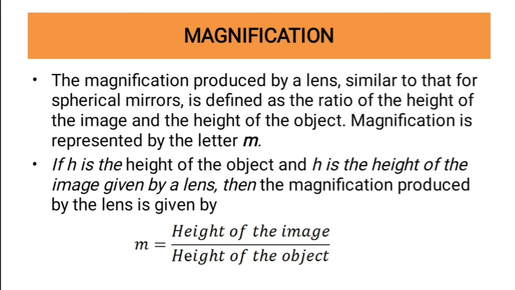Magnification is the same formula, height of the image upon height of the object. But if you want to use object distance and image distance, then it is different. Then it is v upon u. Instead of minus v upon u, which was there for the mirror formula, here it is plus v upon u. So that is your relation for magnification.